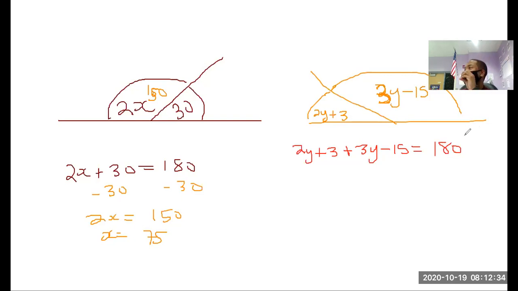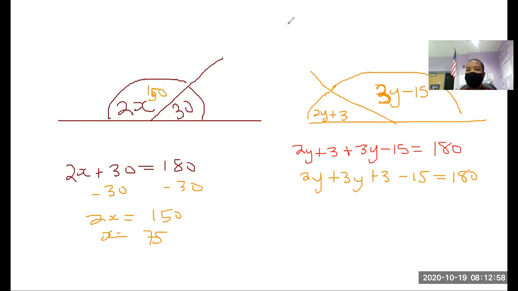Now I have to group my like terms and simplify. So if I'm going to group my like terms, I'm going to have 2y plus 3y plus 3 minus 15 equals 180. All I did was rearrange it so that the y's are together and everything else is together.